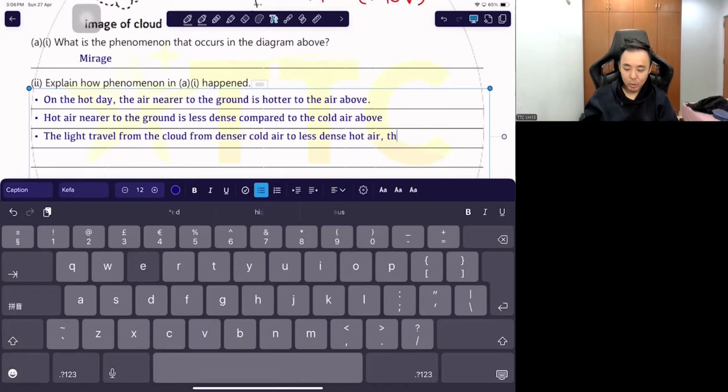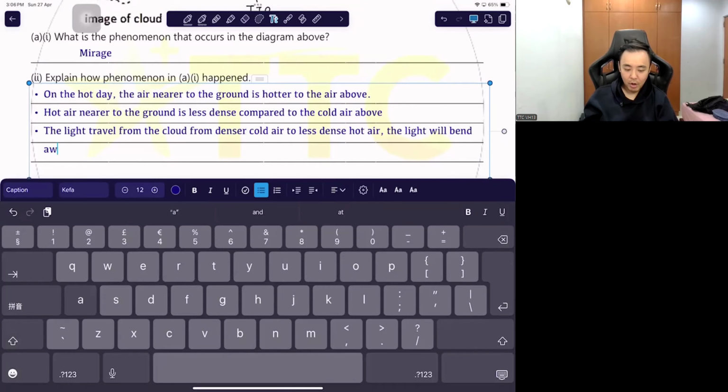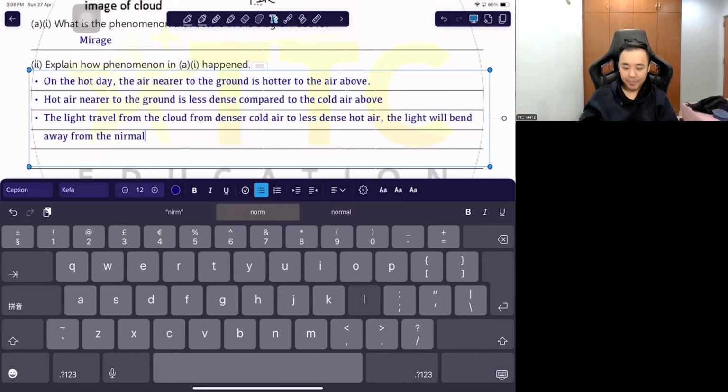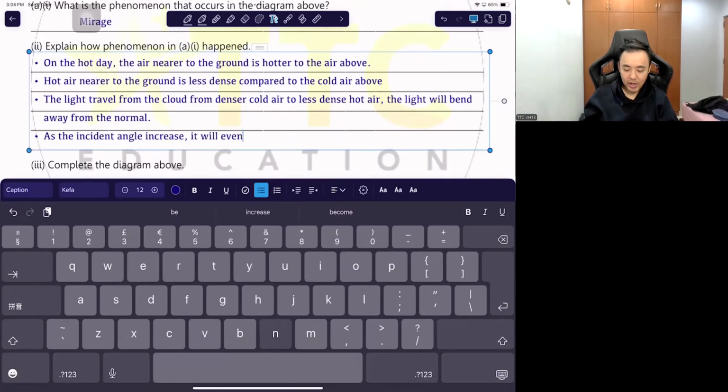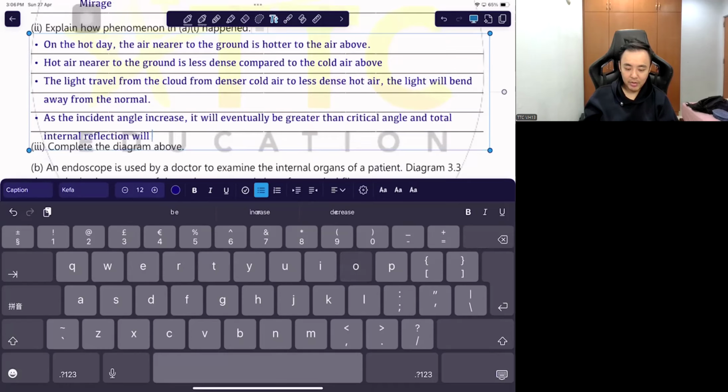The light will do what? If we go from denser to less dense, we bend, correct. Where do we bend? Bend away from the normal. Then finally, as the incident angle increases, it will eventually be greater than the critical angle, and total internal reflection will occur.